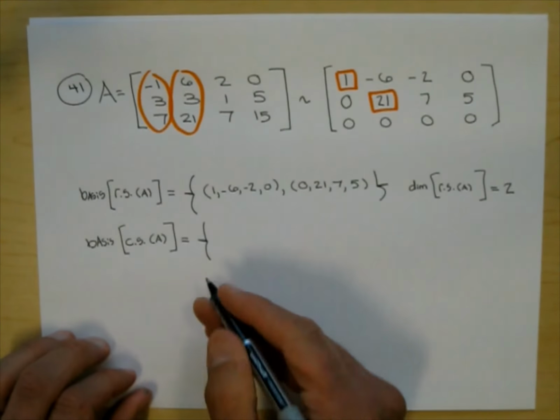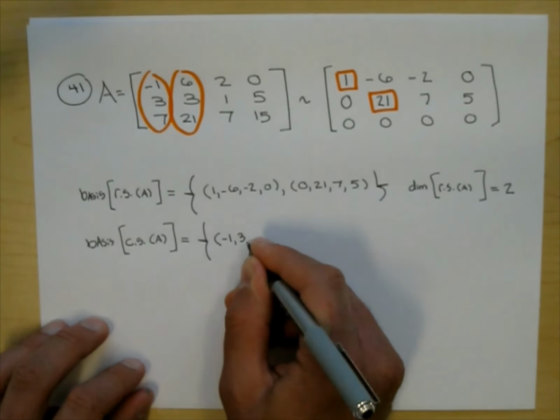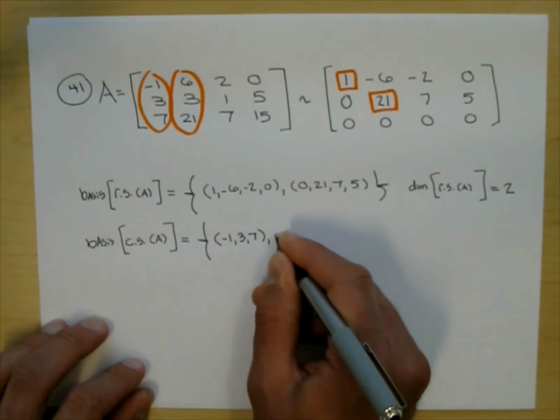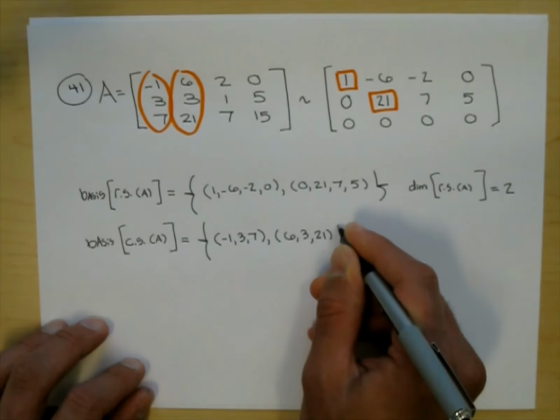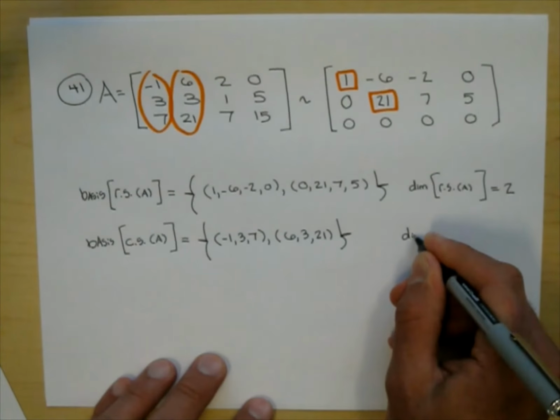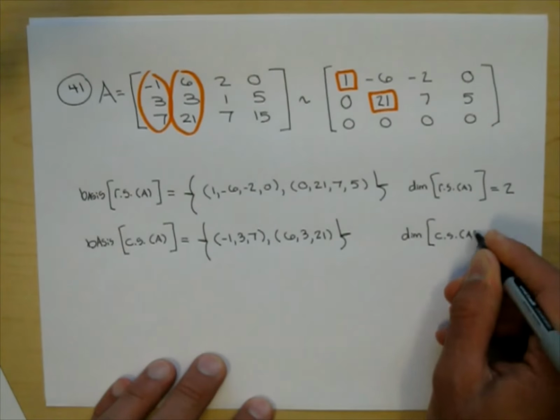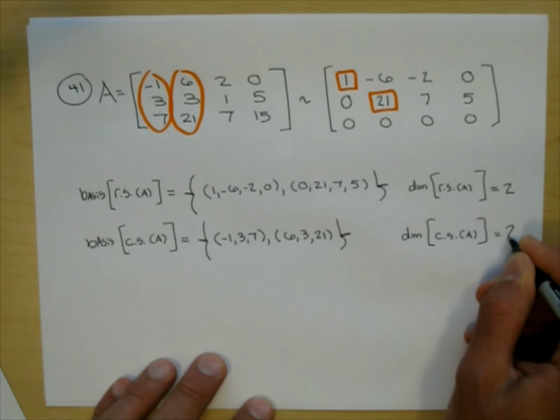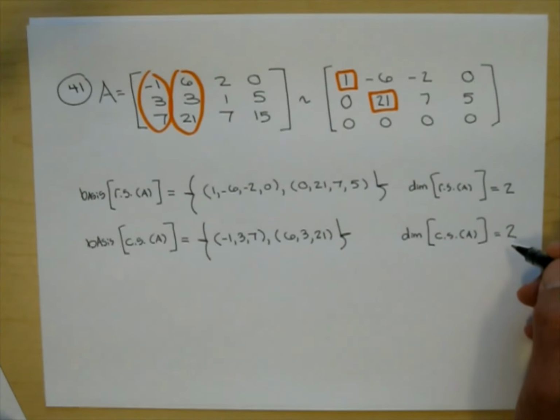And so the basis for column space would be -1, 3, 7, and then we have 6, 3, 21. The dimension of the column space of A is also 2, and we knew those are going to be the same, okay, because the theorem says dimension of row space equals dimension of column space.